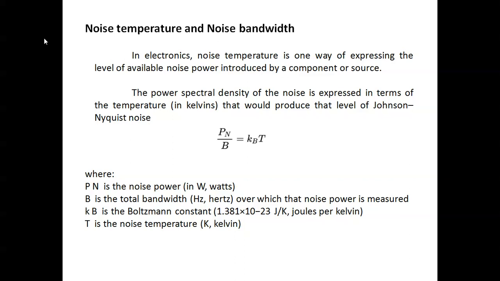So we say that the power spectral density of noise is expressed by the equation Pn divided by B equals Kb times T. What is P?